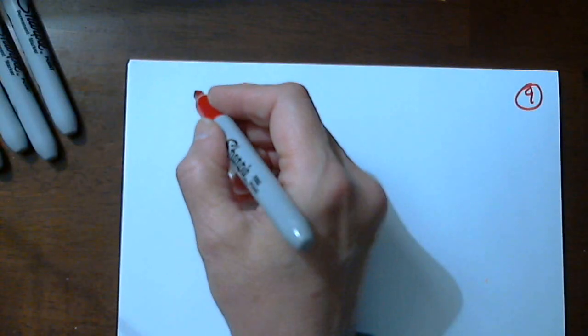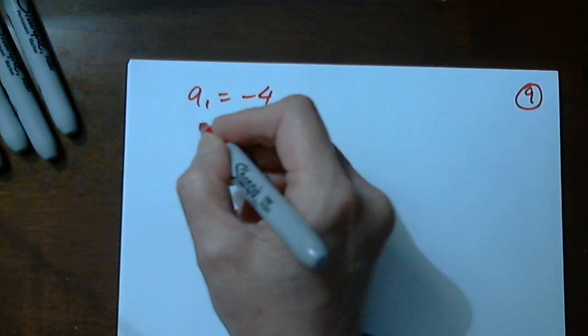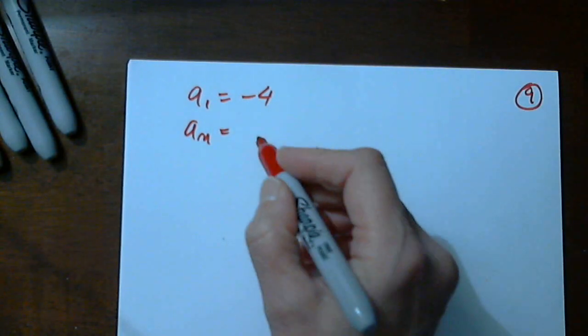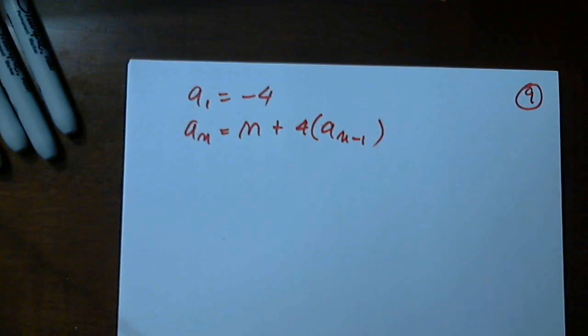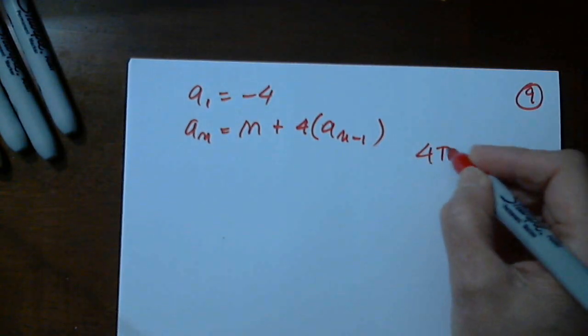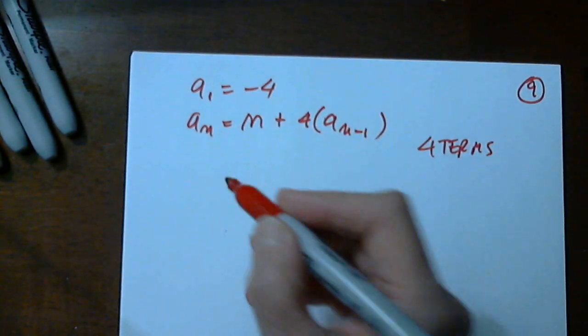So let me see if I can find that. So you have a1 equals -4, and the general term is n plus 4 times a, the previous term. And we were asked, I don't like 5, I just want to make it shorter, so I only asked 4 terms. And actually, you already have the first one.